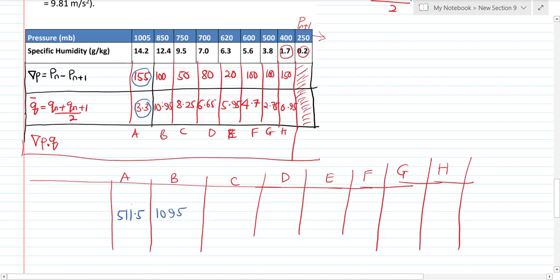So 100 by 10.95, that's 1095. Then we also have 50 by 8.25, that will give us 412.5. Then D is 80 by 6.65, that's 532. Then 20 by 5.95, that's 119.